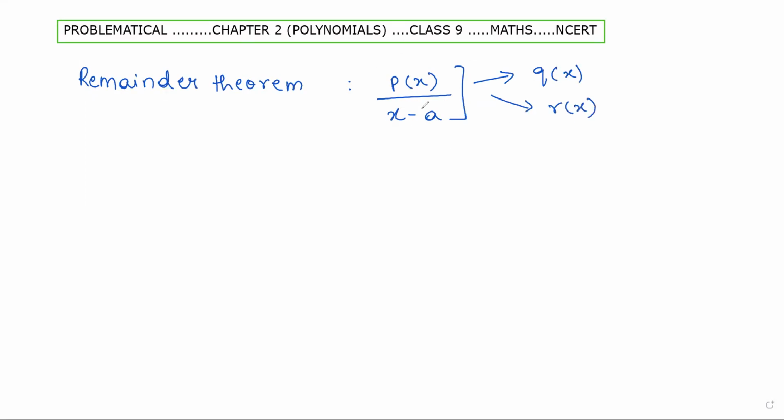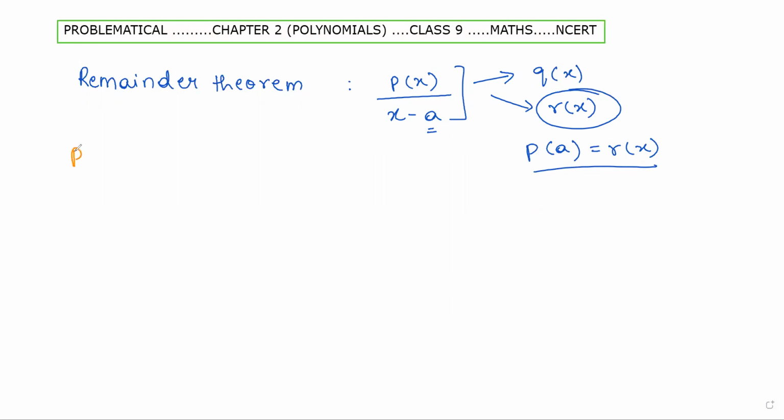But instead of actual division, you can get the remainder by substituting this value of a in p of x. That means whatever value of p of a you get in this scenario is your remainder. This is what the remainder theorem states. Let's understand this with the help of an example.